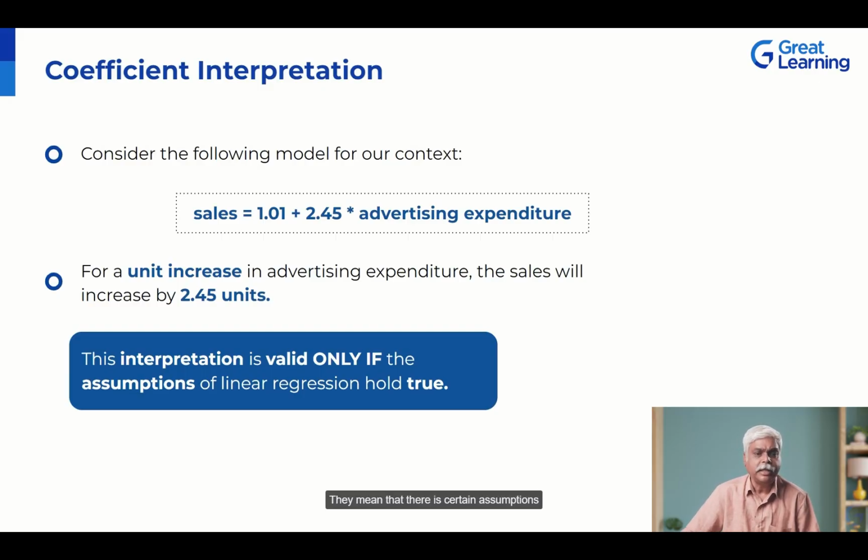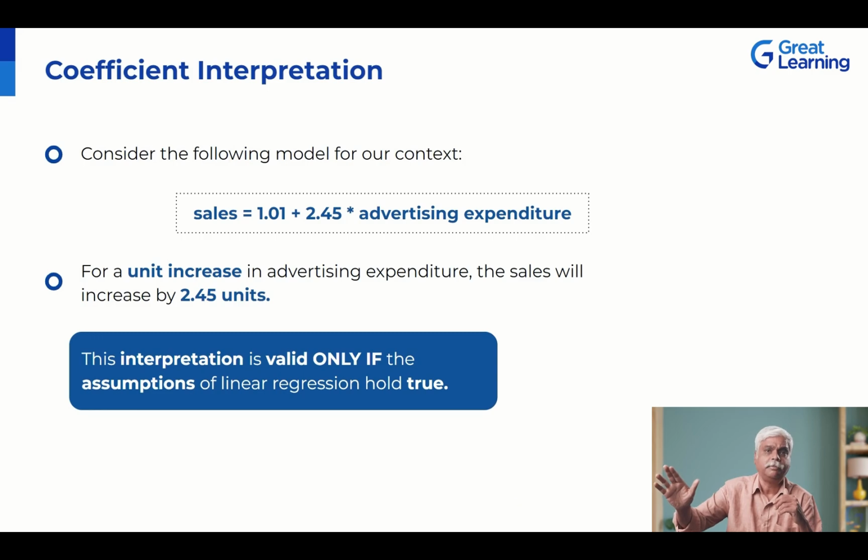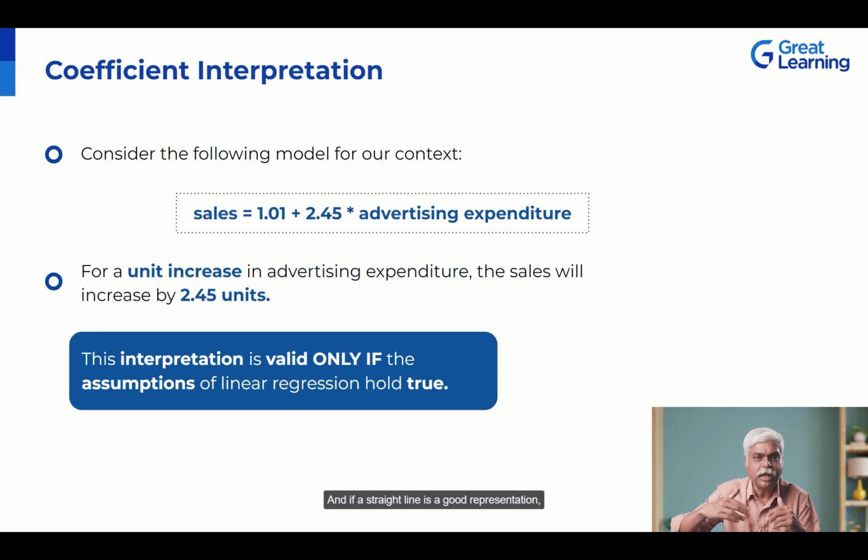They mean that there are certain assumptions behind this, and that those assumptions of linear regression hold true. We're not going to go into the details of what these assumptions are. But for now, it's safe to think of these assumptions as assumptions that allow me to justify the existence of a straight line, and to say that a straight line is a good representation. And if the straight line is a good representation, this is a good straight line. Again, we'll see where these numbers come from.